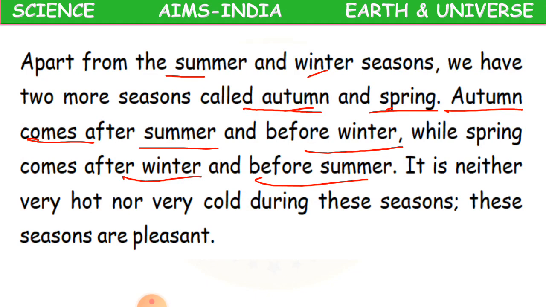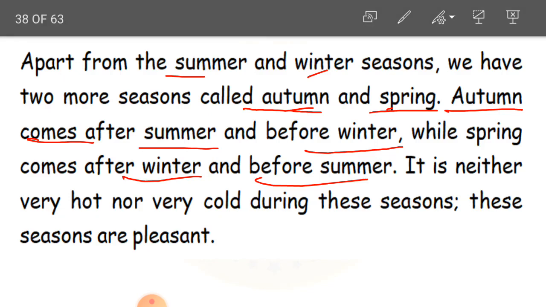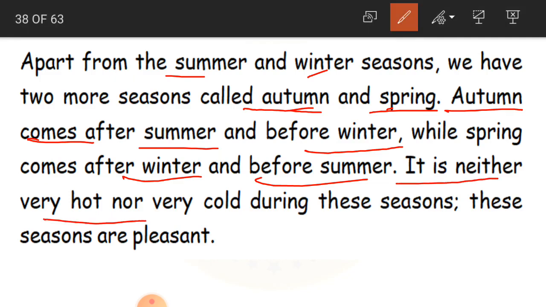Now, it is neither very hot nor very cold during these seasons. These seasons are pleasant. So these two seasons, spring and autumn, do not have extreme climates like summer and winter. They are not very hot like summer and not very cold like winter, because these seasons come after summer and after winter.